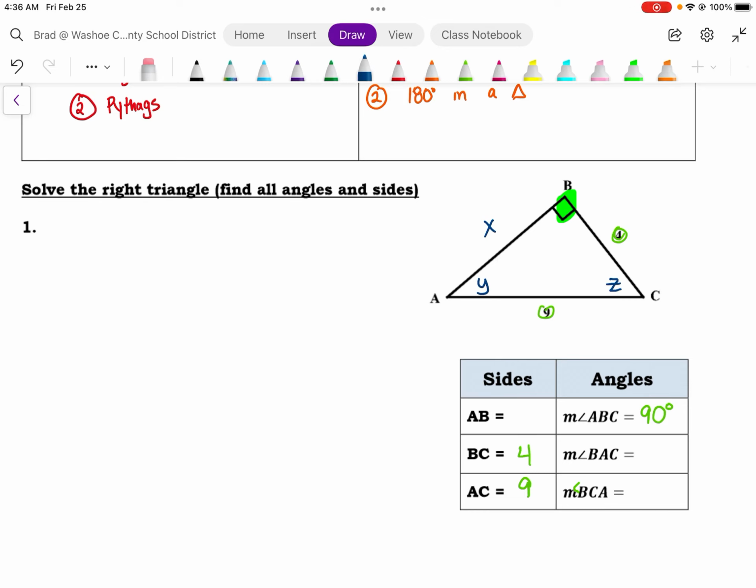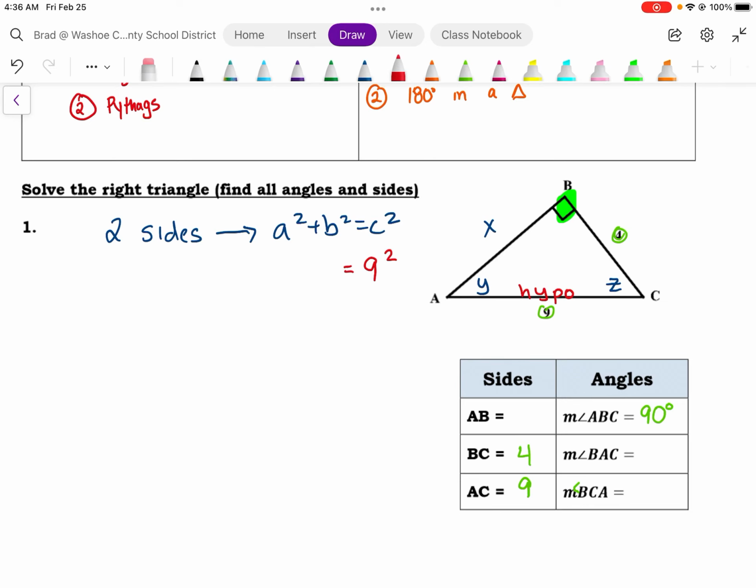So what I notice is if I have two sides, that really helps to do our little A squared plus B squared equals C squared because we don't need any trig. So we know that this is going to be my hypo. So my 9 is going to be the C. And then it doesn't matter which one is which.